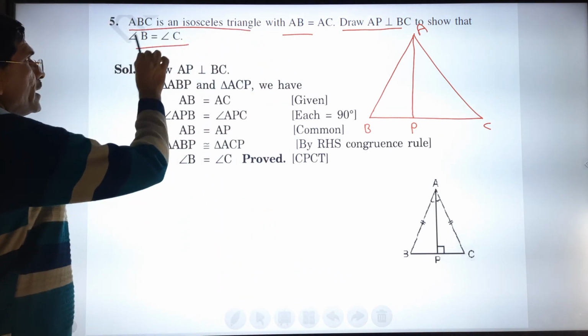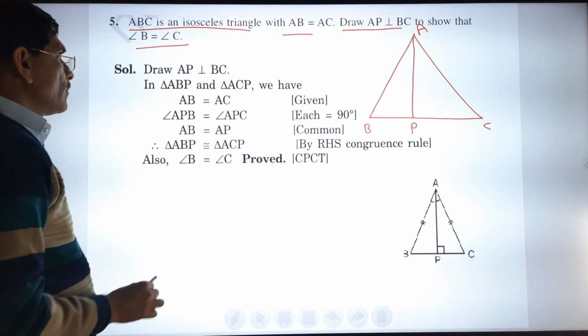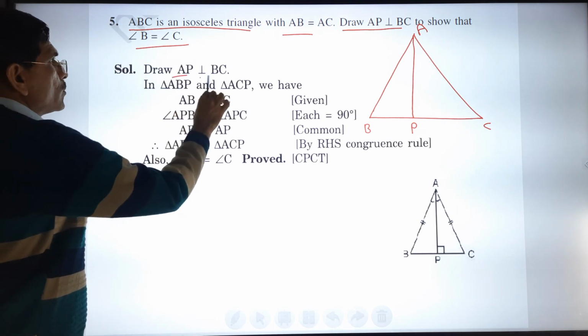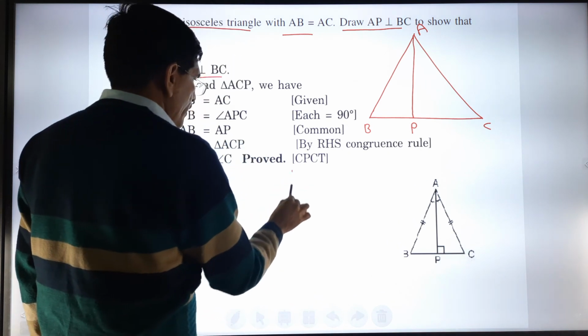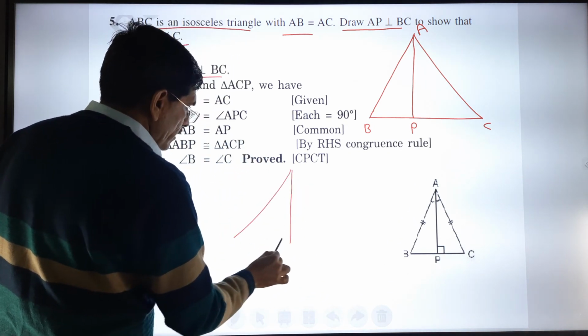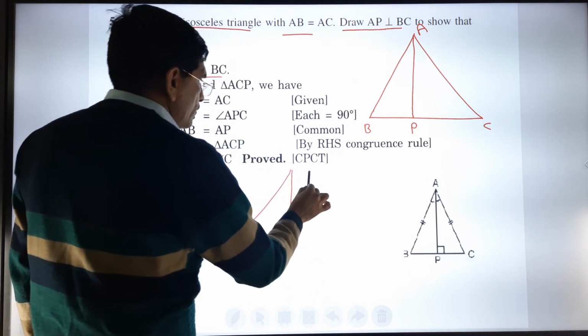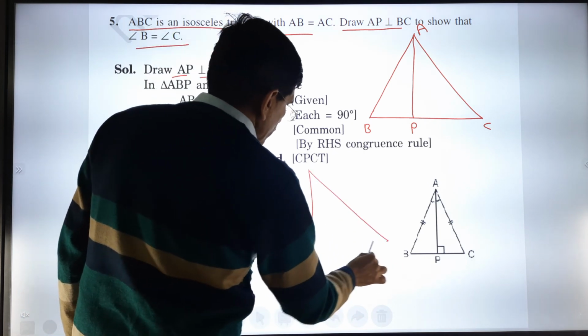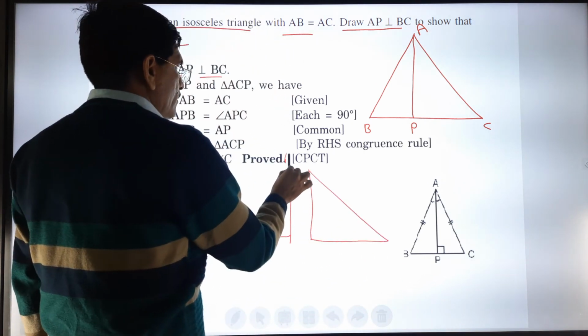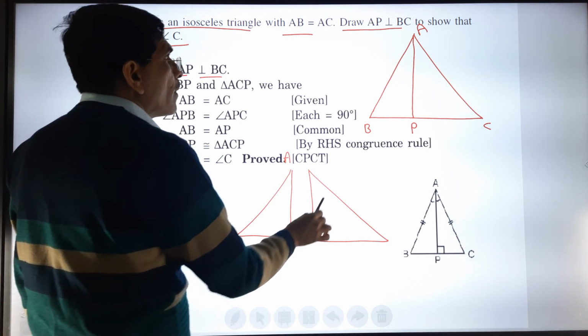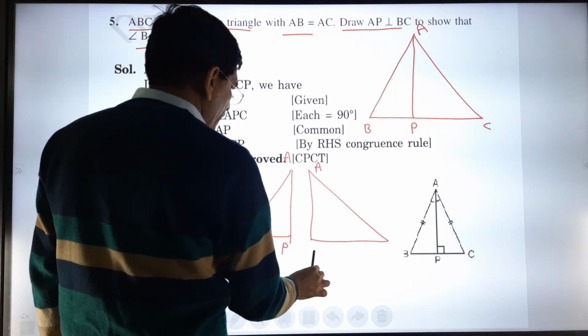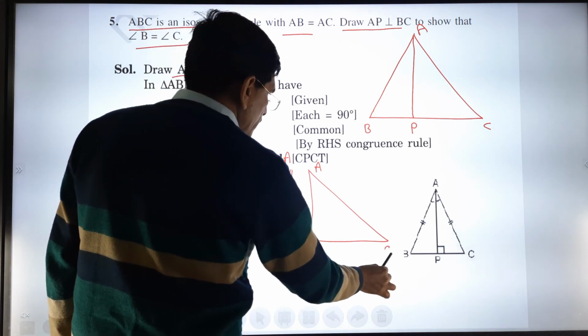Show that angle B is equal to angle C. Now when we draw AP, it will be divided into two triangles. Let me draw the two triangles: that is A, B and P, and A, P and C.